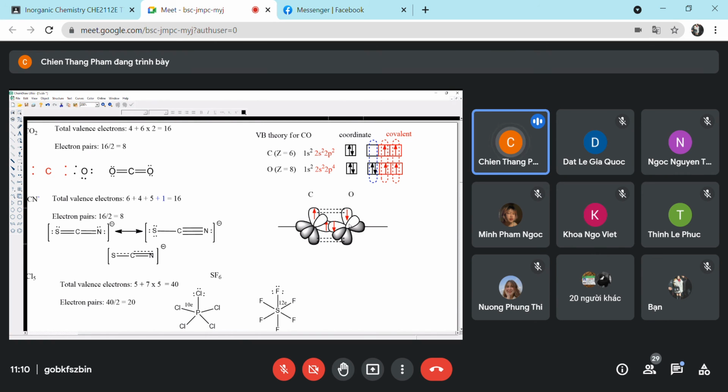Please remember that for carbon, this orbital is empty, so I don't draw any arrow here for this carbon orbital. However, for oxygen, as you can see, there's one p orbital with a pair of electrons, which is why.